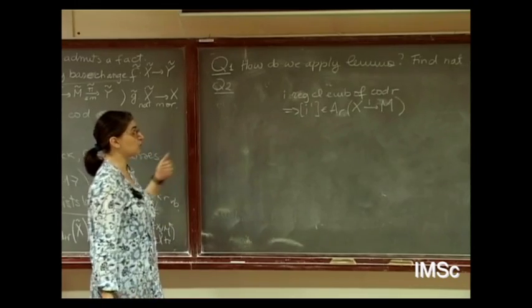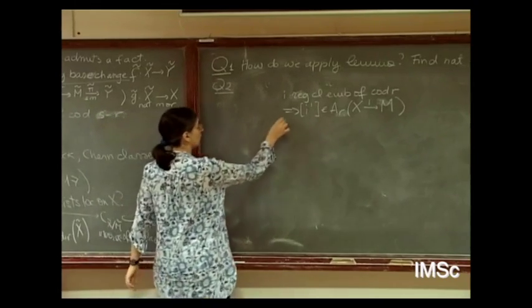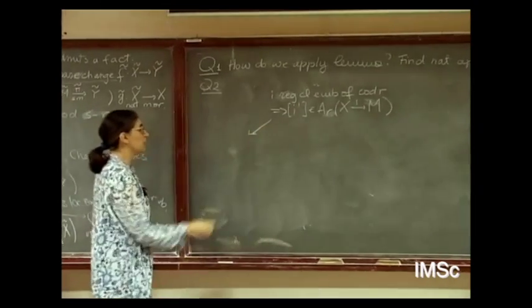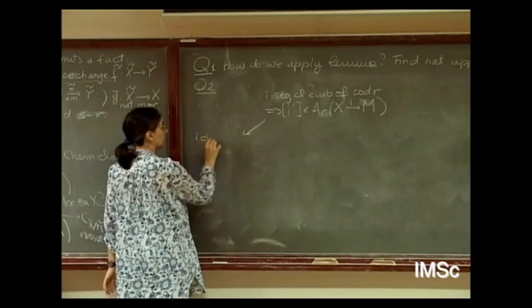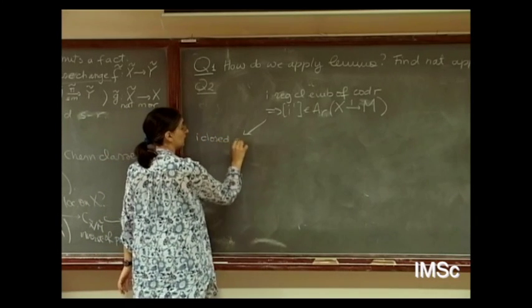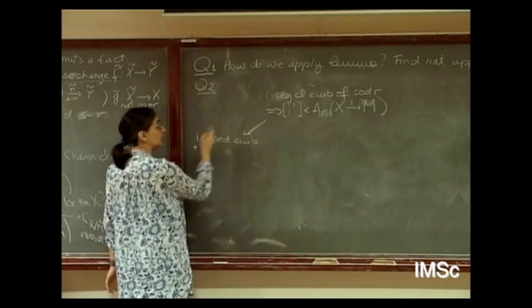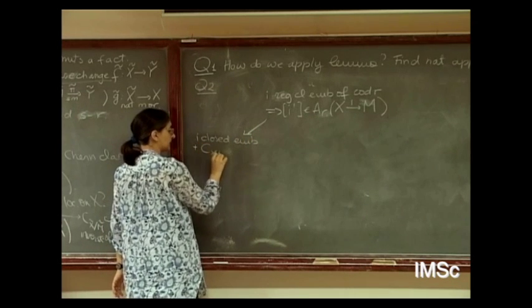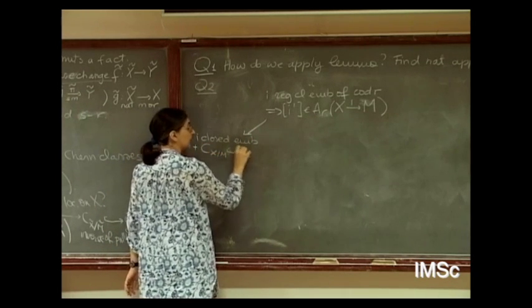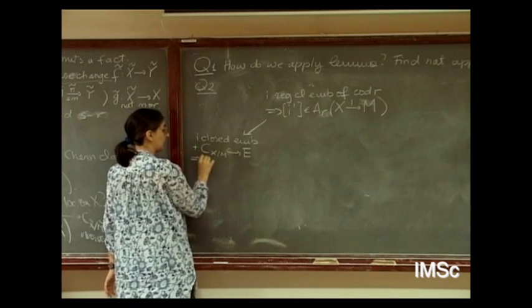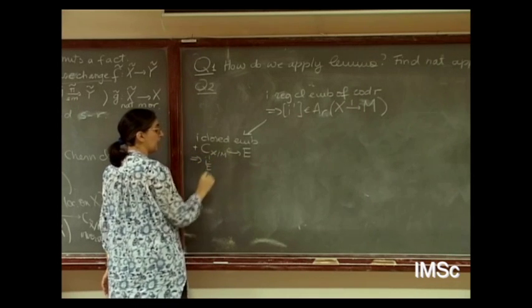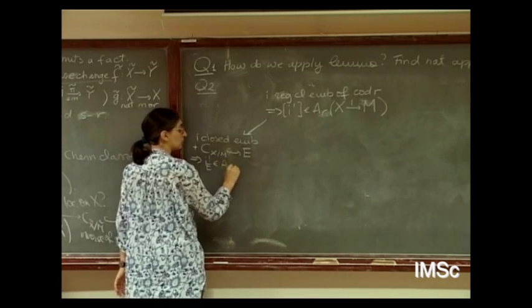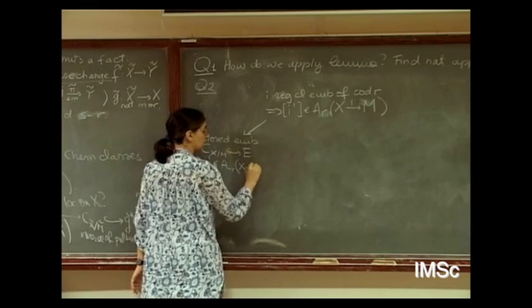And then this has two generalizations. On the one side, we have i, a closed embedding, plus an embedding C_X M inside E, and you get i, E upper shriek, also in A^{-r}.